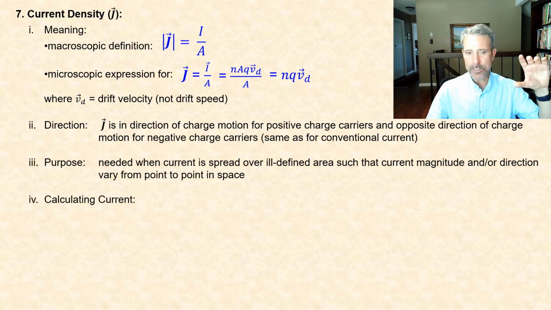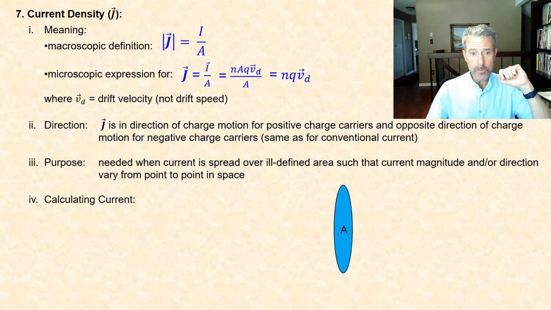In such a case, we would have to talk about the current density, which would give you a measure of the current at a single point in space. So if you want to calculate the current given the current density, if you have an expression for the current density, what we're saying here is that the current is no longer constant over the entire large cross-sectional area A.